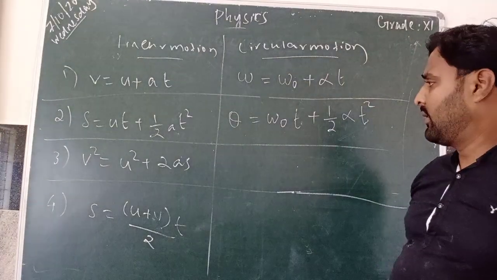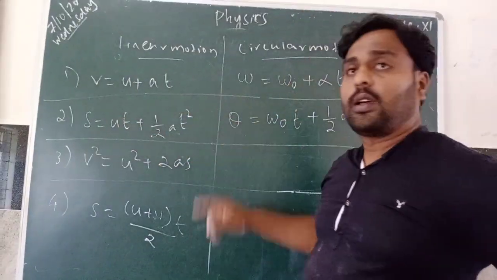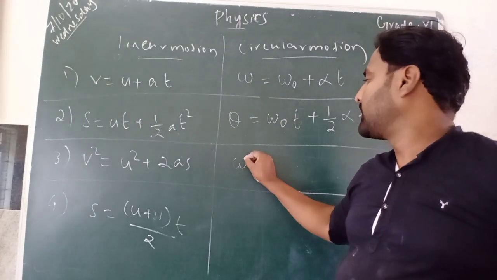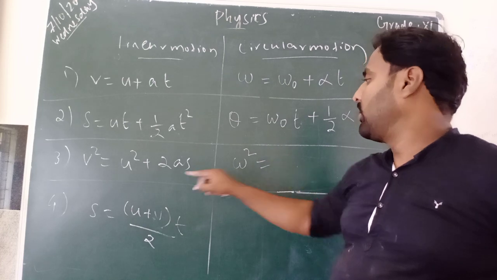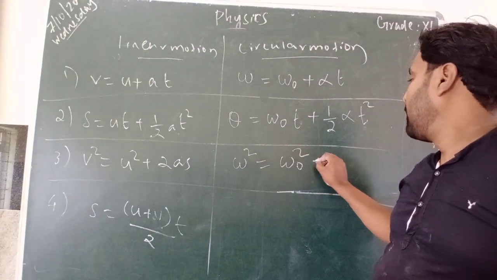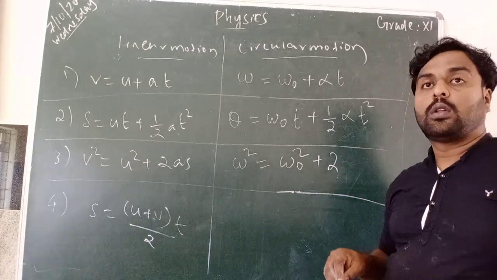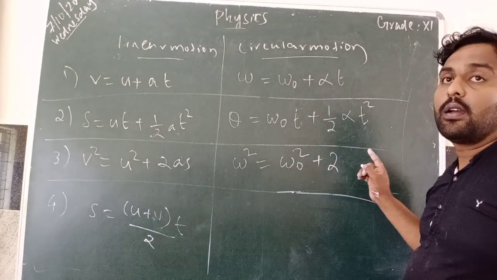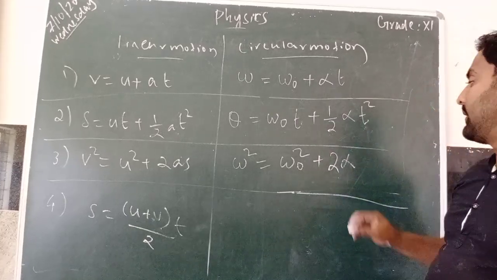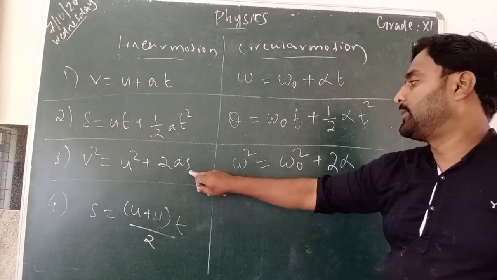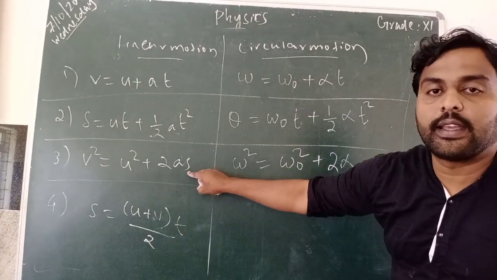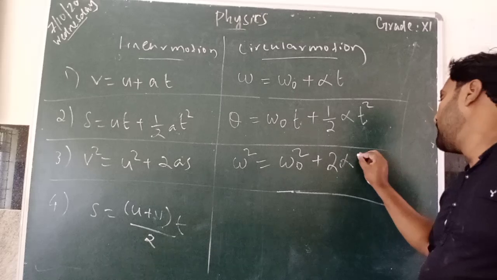Now third equation, V square, V means linear velocity, so here angular velocity omega square equal to omega 0 square plus 2 alpha, angular acceleration, then displacement. Here linear displacement S, and here theta will come.